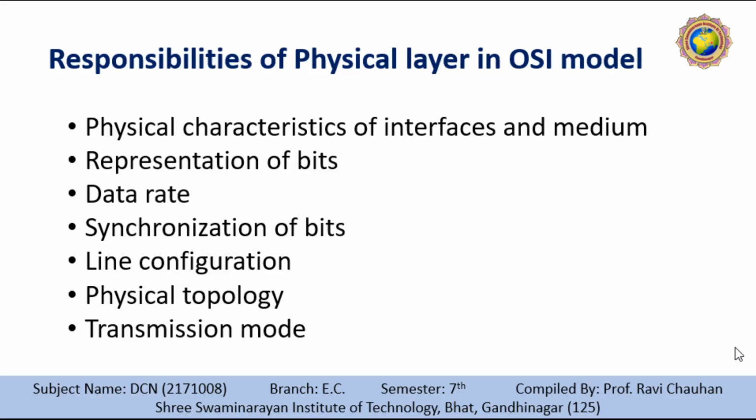Node 1 can transmit at time t equal to 1, while node 2 is only listening or receiving. At time t equal to 2, node 2 is sending the data. At that time, node 1 is only receiving the data. So it is bidirectional, but not at the same time.